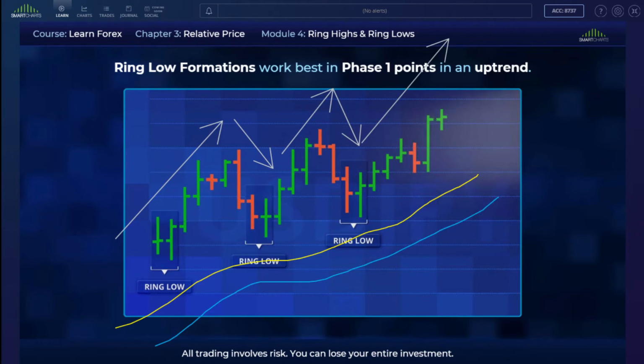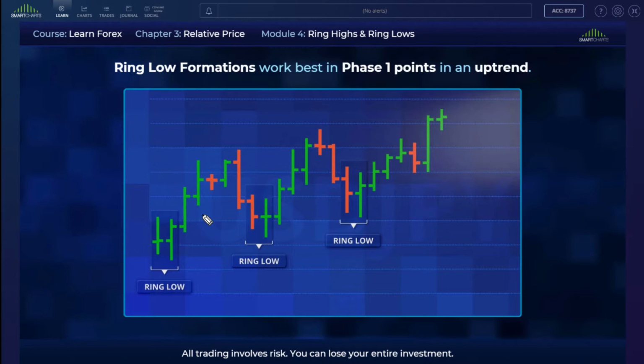But if we take these EMAs away, at a lot of turning points in the market, it's going to be where you've got a ring low. This is not a ring high. So this is a ring low, this is a ring high, this is a ring low, this is a ring high, this is a ring low, this is a ring high forming.